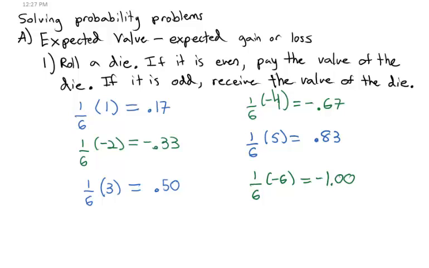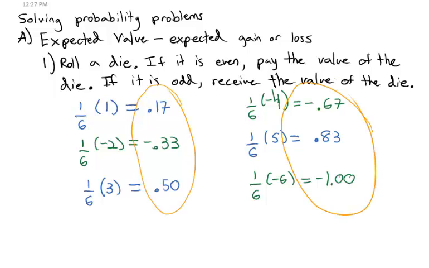So if we want to find out the average result of this game, we can combine all of these together. I grab my calculator and type in 0.17 minus 0.33 plus 0.5 minus 0.67 plus 0.83 minus 1.